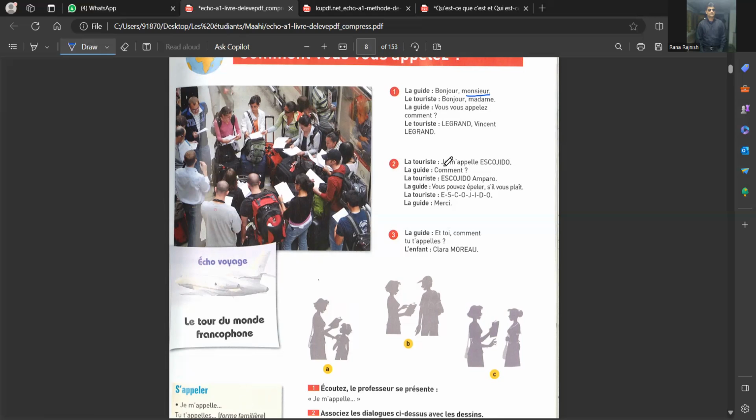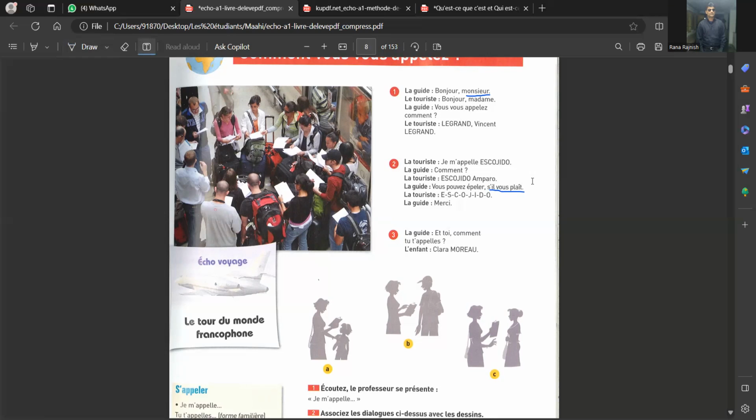So the guide says, maybe she didn't understand. The tourist is saying Escogido Amparo. She again repeats Escogido Amparo. La guide: Vous pouvez appeler, s'il vous plaît. Could you please spell? S'il vous plaît means please.